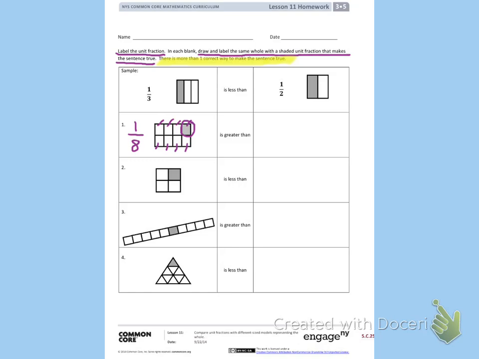I will go ahead and try to draw a rectangle that is similar in size as the one shown in the first column. That one is divided into 8 pieces. I think I'll go ahead and divide this one into 10 pieces because I know that if I take that same rectangle and I divide it into 10 pieces, the pieces will be smaller than if I divided it only into 8 pieces.